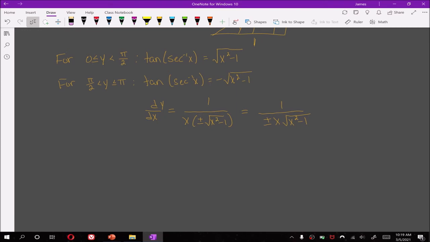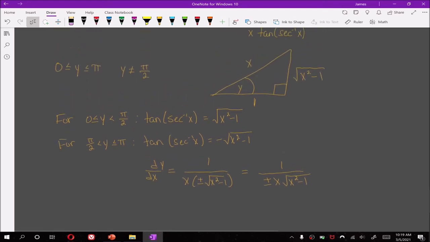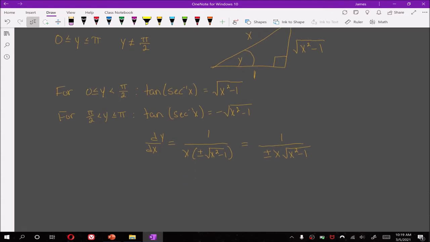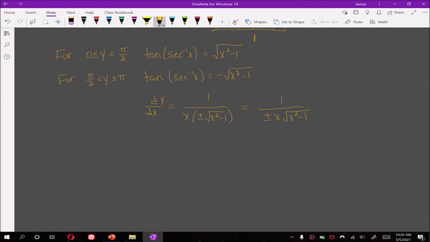Now, x can be positive or negative, right? Again, x will be positive from 0 to pi over 2. x will be negative from pi over 2 to pi. Notice in either case, plus or minus x will wind up being positive. So we can use that to write this as 1 over the absolute value of x times the square root of x squared minus 1.